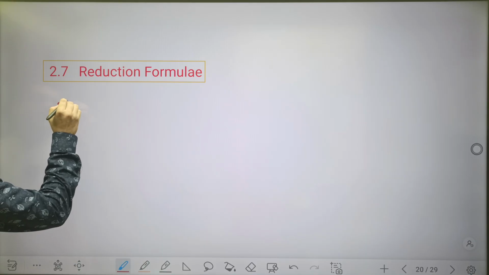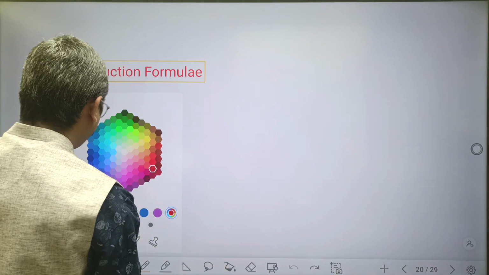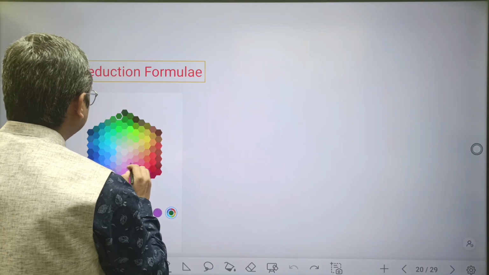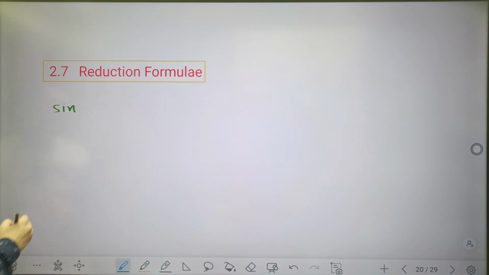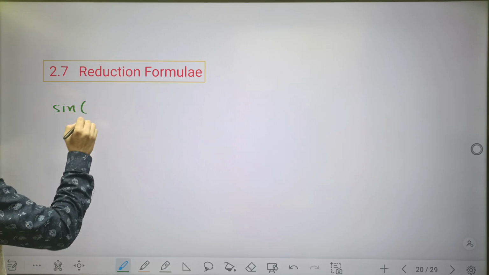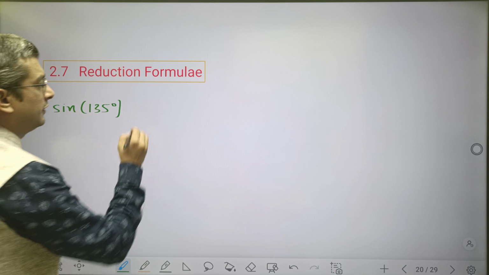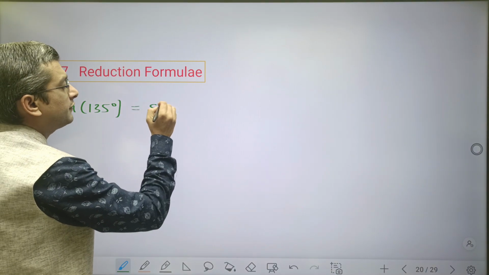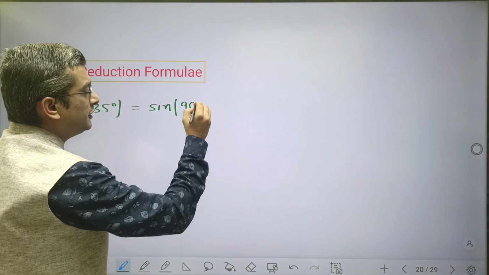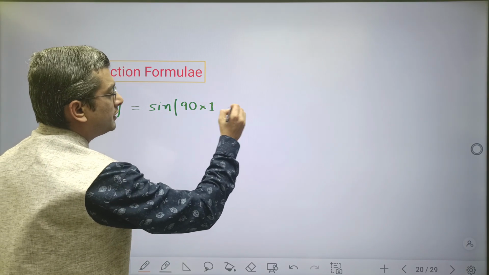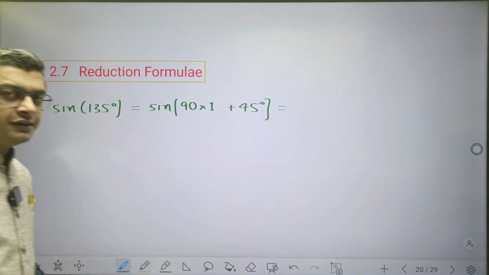Let us suppose I write sine 135 degree. This sine 135 degree can be written as 90 into 1 plus 45 degree, isn't it?